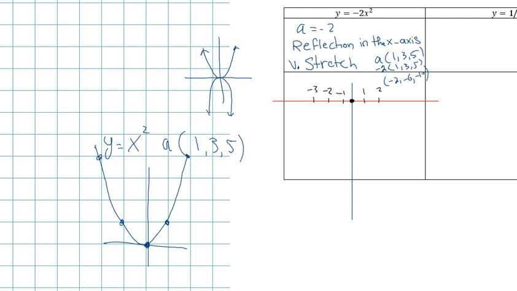Okay, so what do I have to do? What does your step pattern say? So go down 2 over 1, right? Go down 2 over 1. It's always over 1, okay?